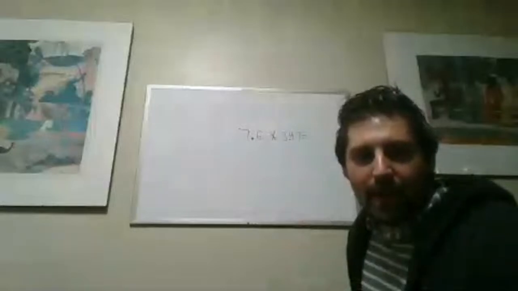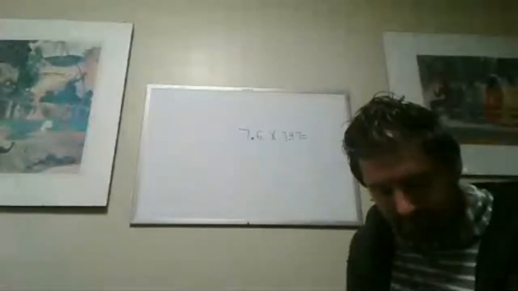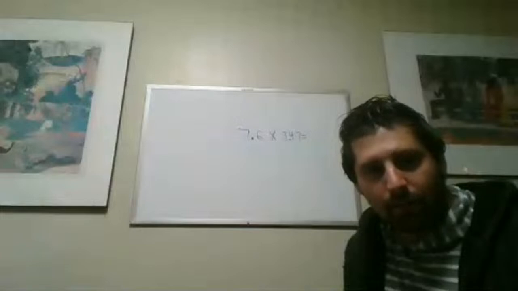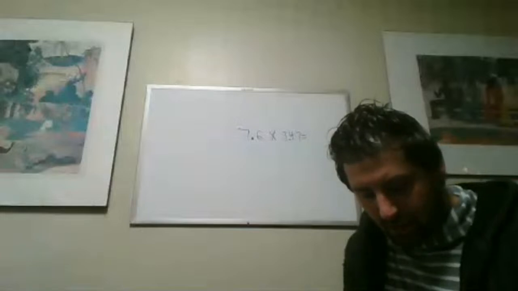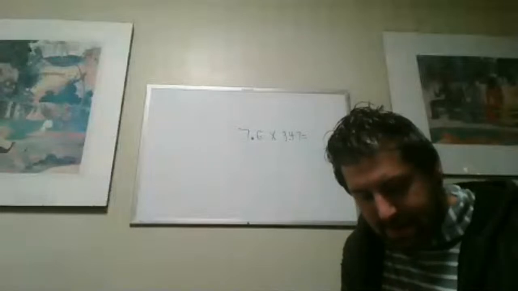Okay, next problem, we have 7 6/10 times 3 47/100. And I'm not even going to waste your time with all the multiplication, because this is for students that have already mastered multiplication with whole numbers. So I'm just going to put what the answer would be if it were a whole number.